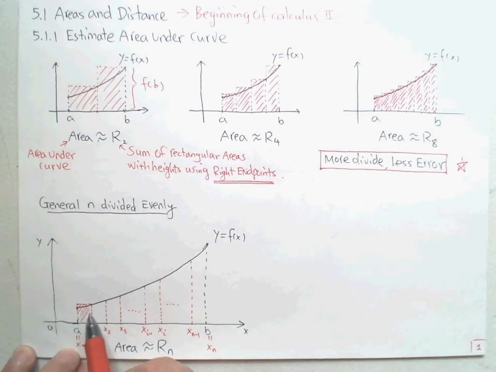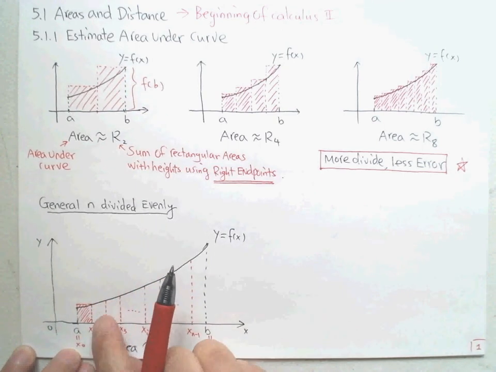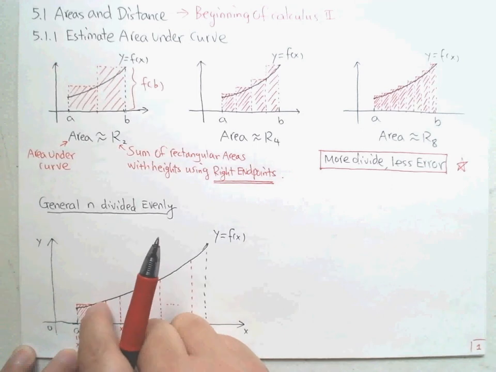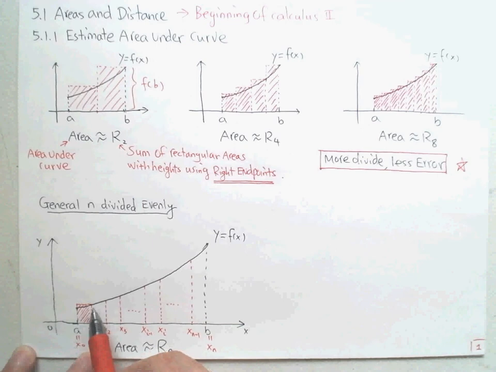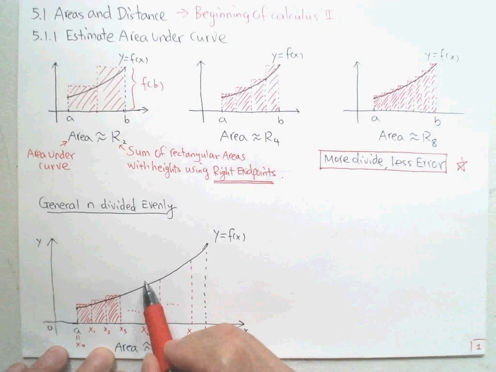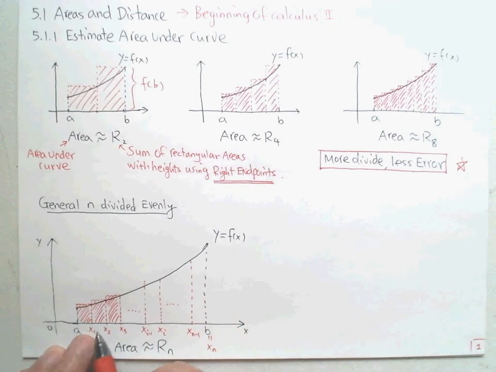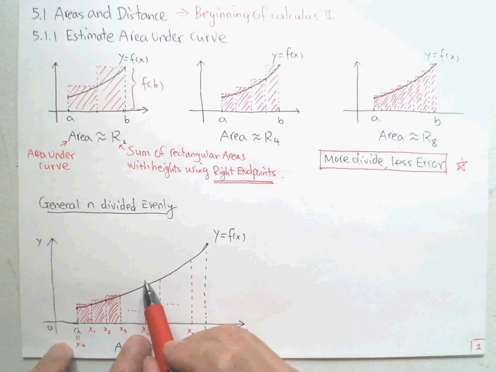I use the value of the function at the right endpoint as the height of the small rectangle. This is the first. The same, I will continue. This is the second, and this is the third. I ignore the middle ones. x1 corresponds to the first rectangle, x2 to the second, x3 to the third, and the one in the middle is the ith rectangle.